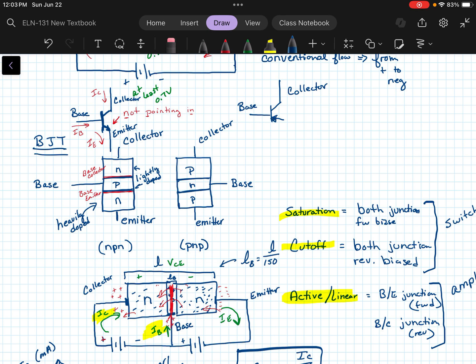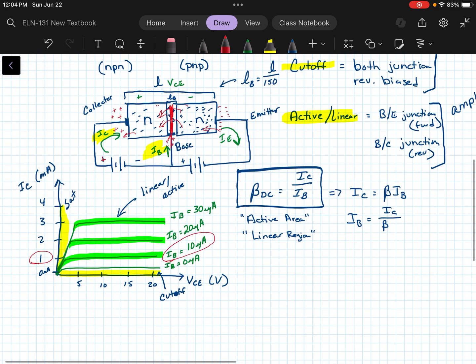However, the arrow is actually pointing in from the emitter to the base. And that we would say is pointing in, okay? So starts with a P, pointing in. But for that, the conventional current, IE, is coming into the transistor. The collector current IC would be leaving, and IB would be leaving as well.